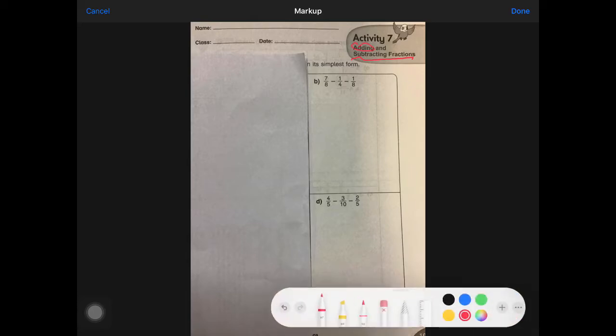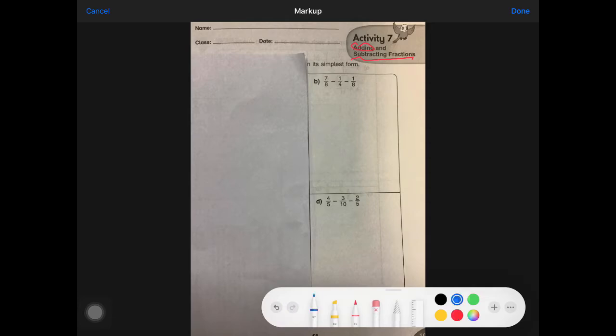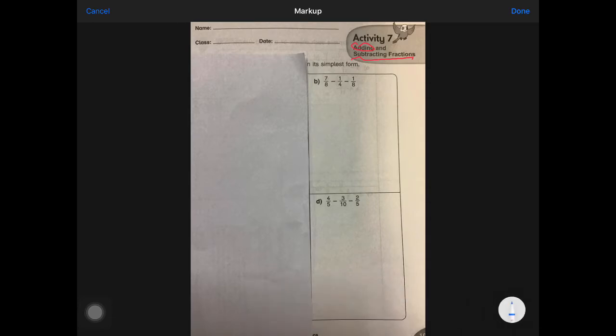Fractions. So, subtracting fractions. Last week we learned about adding. The thing about adding and subtracting fractions is that they share a common point, which is you need to make the denominators the same. It's just like comparing fractions, addition of fractions, and subtraction of fractions.